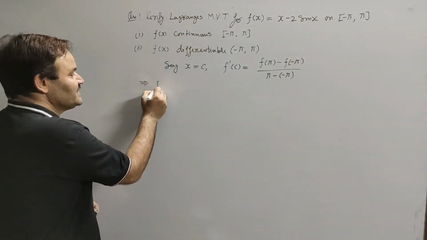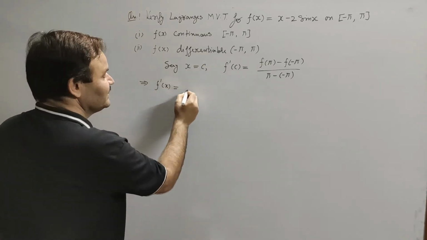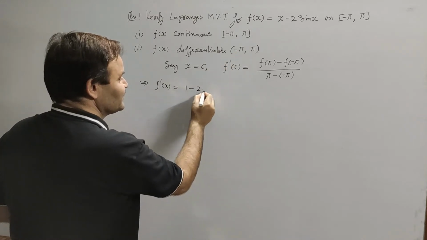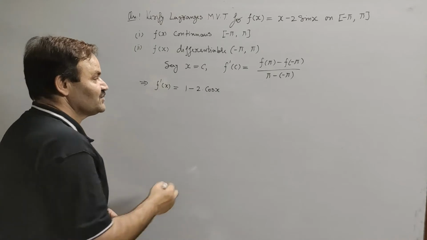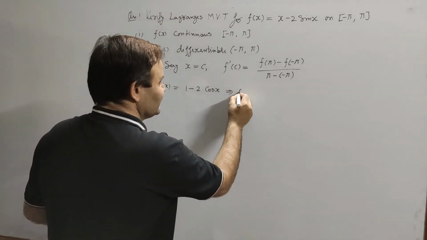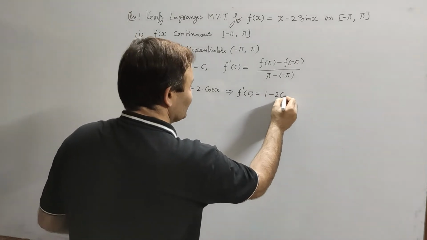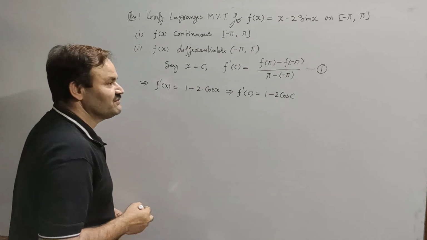Now first, what is f dash x? f dash x will be 1 minus 2 into the differentiation of sin x, which is cos x. So f dash c is 1 minus 2 cos c. Call this equation 1.